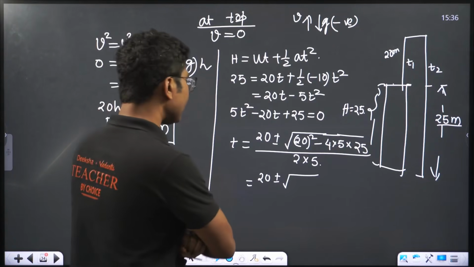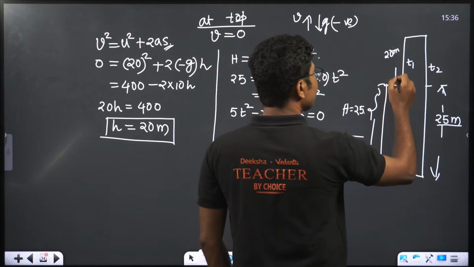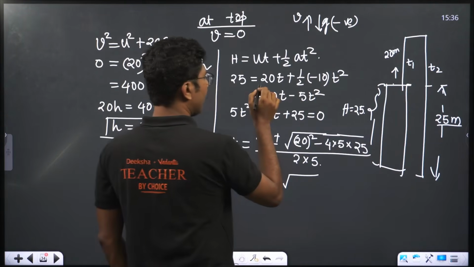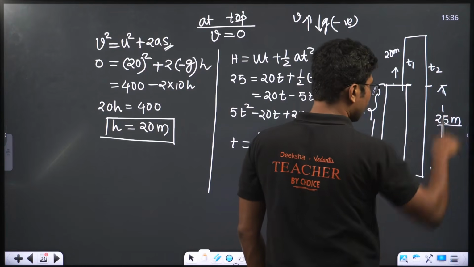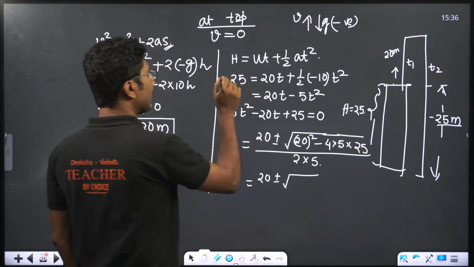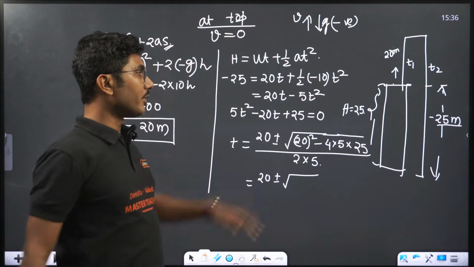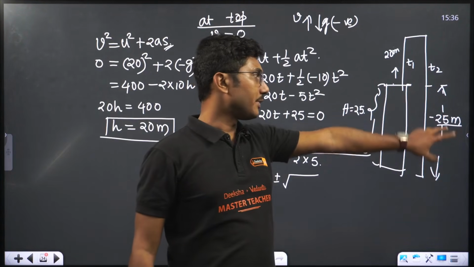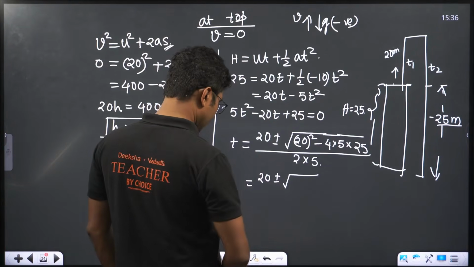Yes, I made one mistake because I assumed the positive side is this one and we kept this as positive. So the displacement in the downward side must be negative. That is one thing you need to be careful about with this method. Because the object is falling down, for downward displacement this must be negative, otherwise you will get an imaginary value.